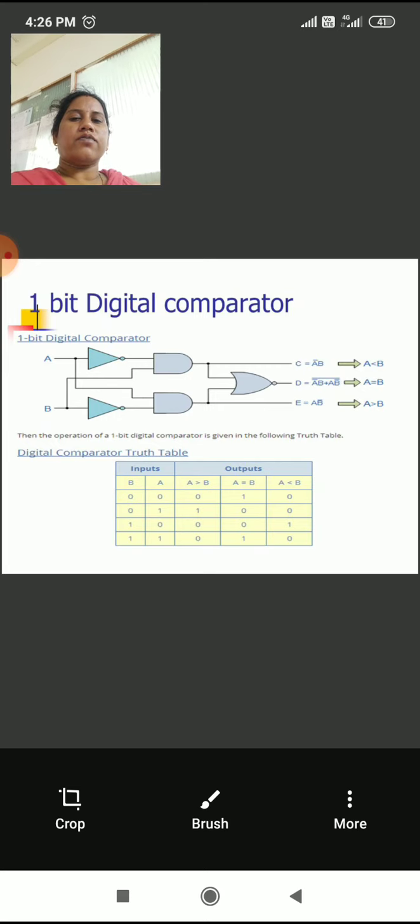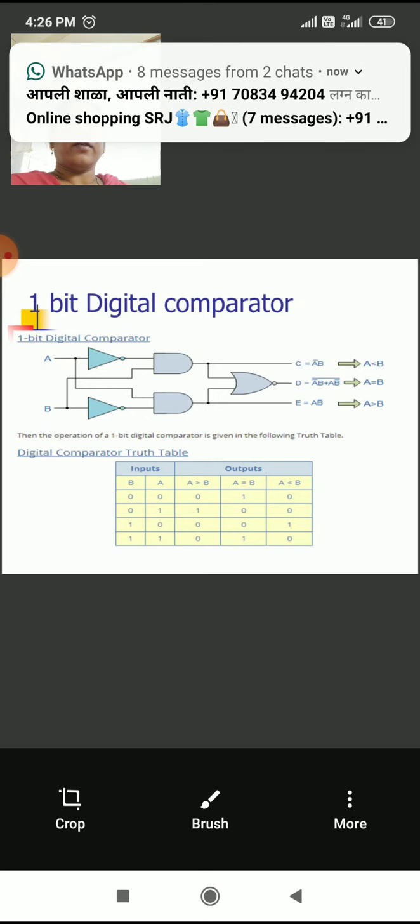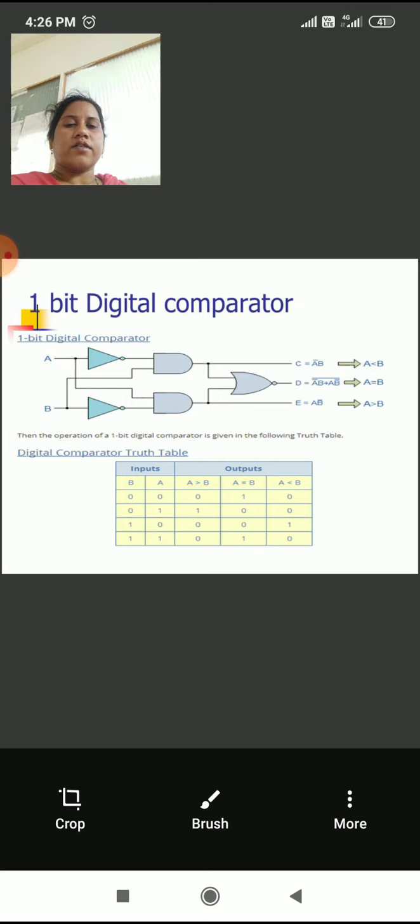When B is 1 and A is 0, at that time obviously A is less than B, that is nothing but B is greater than A. That's why this indicates the 1. When both the inputs are the same, 1 1, at that time again A is equal to B. This is nothing but a 1 bit digital comparator.